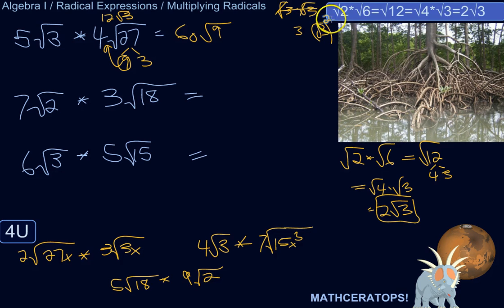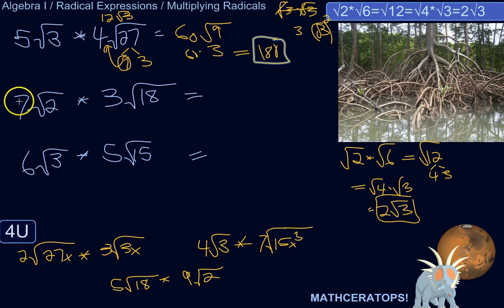And squaring something and square rooting something are inverse operations, or inverse functions. So that just becomes 3. Anyway, a little side note. Okay, so we've got 60 times the square root of 9, and the square root of 9 is 3. So this is 60 times 3, which is equal to 180. So we'd be done at that point.